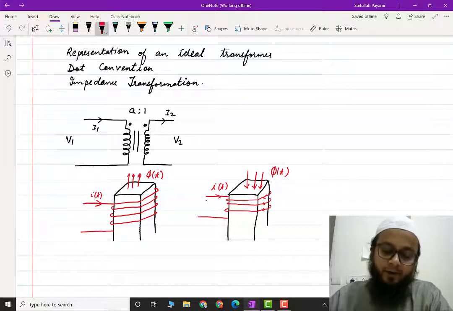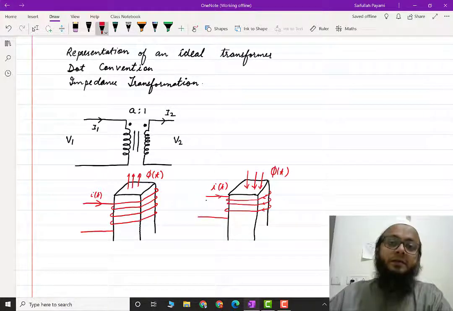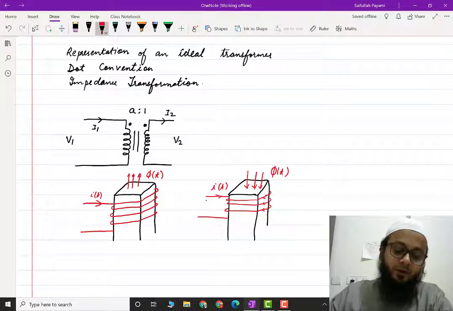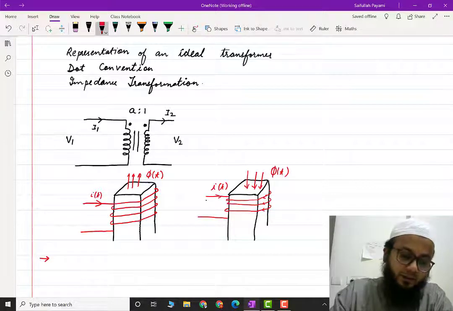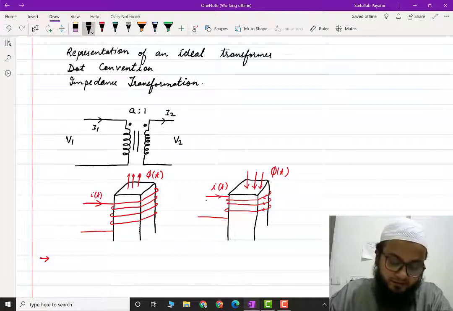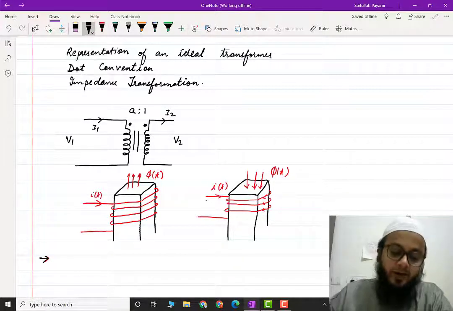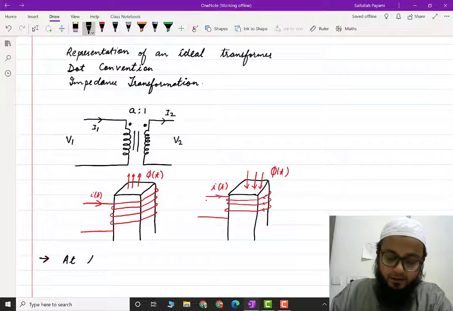For that we represent the dots here. So at the dot end there are two conventions, or two inferences.